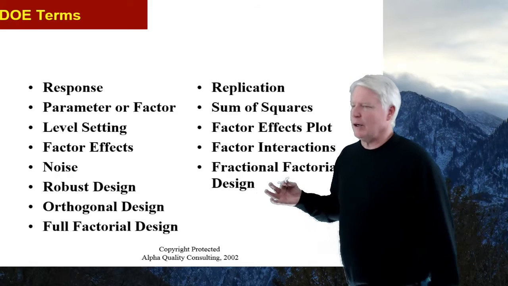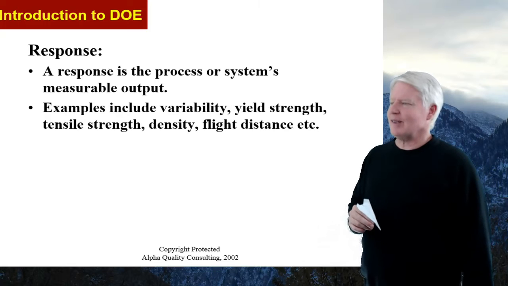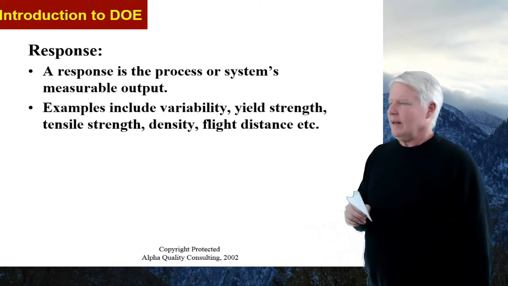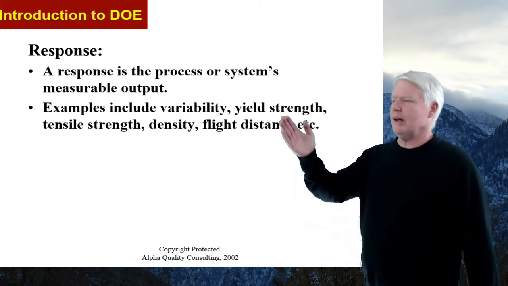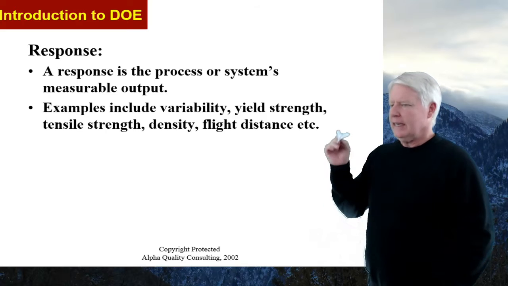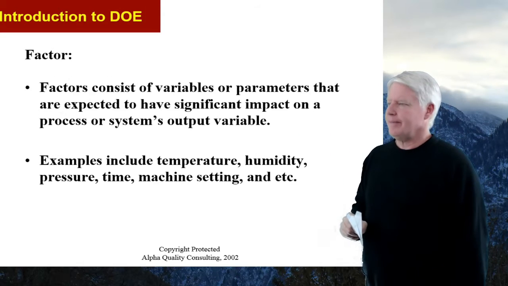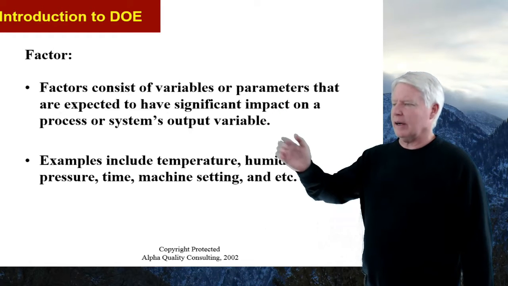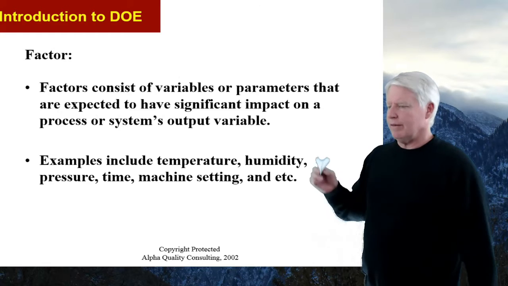Okay, so I've covered a lot of this already. Let's go over it formally and review it real quick. Response. A response is the process or system's measurable output. It's what you're trying to improve, in this case, flight distance. Factor. Factors consist of variables or parameters that are expected to have a significant impact on a process or system's output variable.